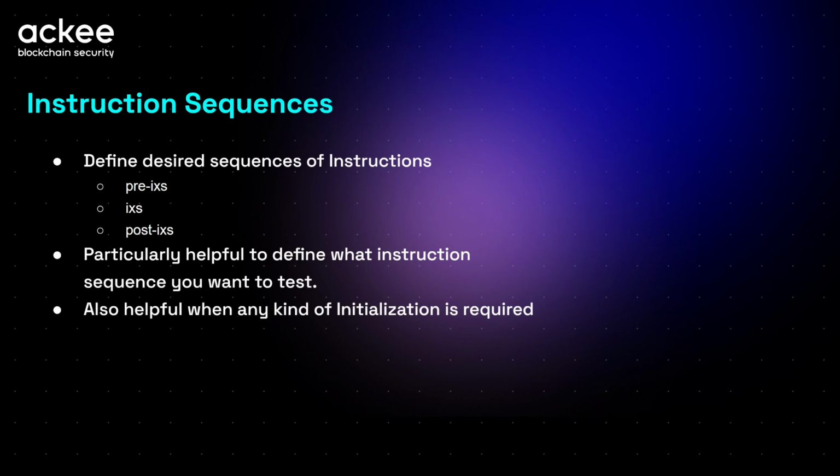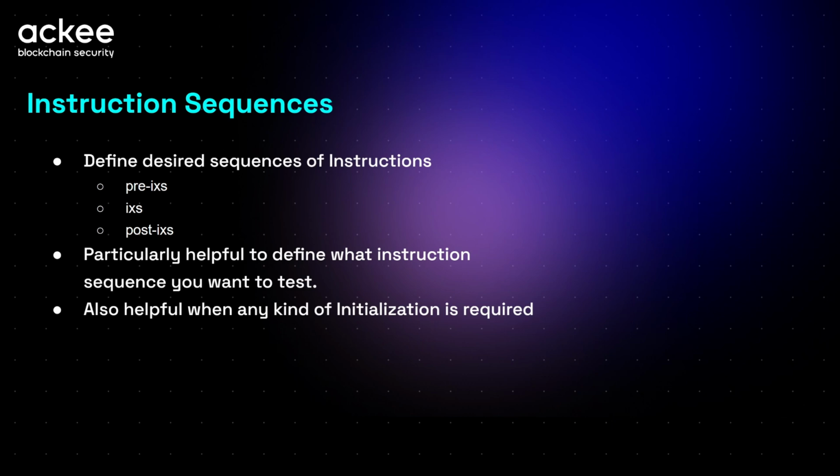These are split into 3 functions, so you can specify pre-instructions, instructions, and post-instructions. These are all used in most of the examples, so you can check the examples, but we will go through it in more detail in the in-code examples.